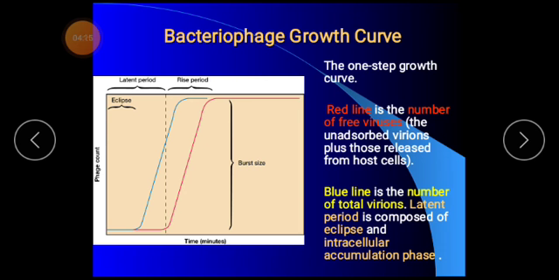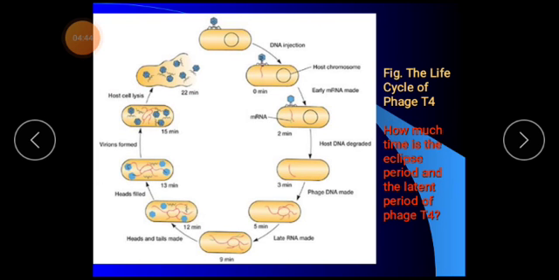So here is the latent period, from here to here, and this is the eclipse. The eclipse is included in the latent period, and the latent period is composed of the eclipse and intracellular accumulation phases. We have seen this on the figure as the life cycle of phage T4.